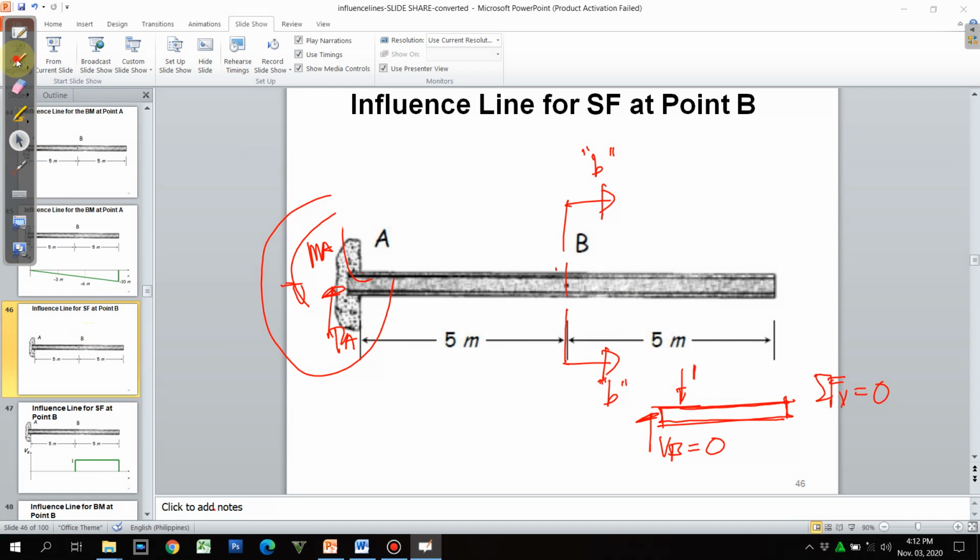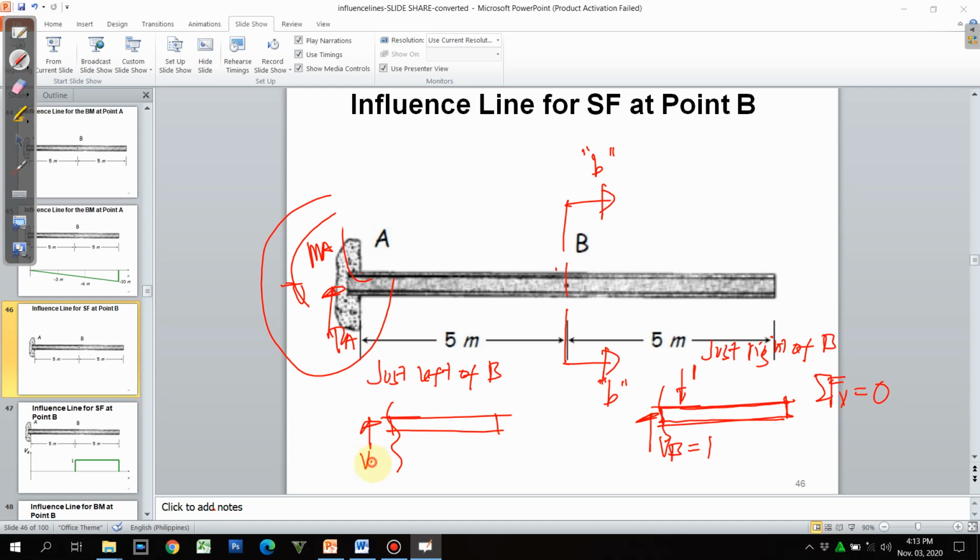Hence, your VB is no longer equal to 0 but is equal to 1. So this is the scenario, just right of B. Perhaps we can redraw this just left of B, wherein it's the cut section.